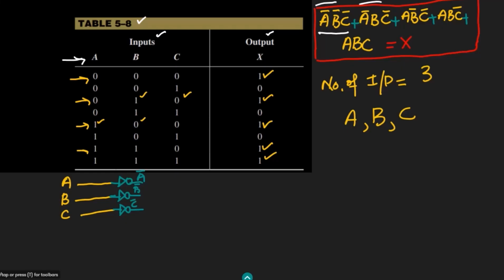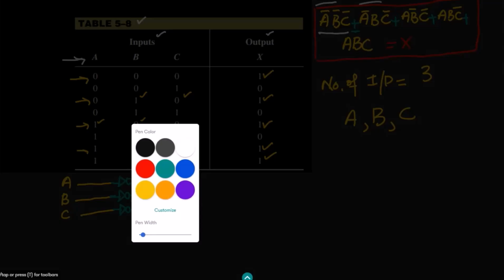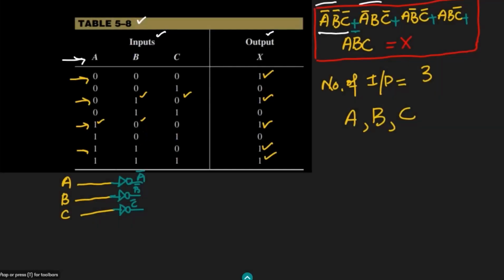After this inversion I have to multiply them, because A complement, B complement, C complement are multiplied together. For it I am going to use this color. The three inputs are 1, 2, 3, and the output of it will be here: A complement, B complement, C complement.